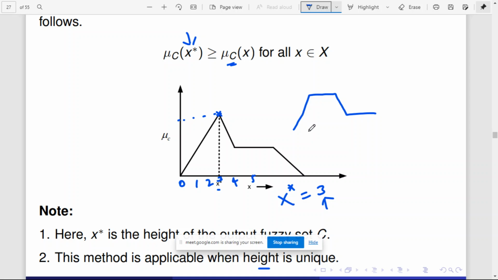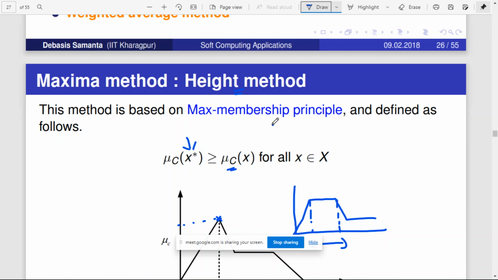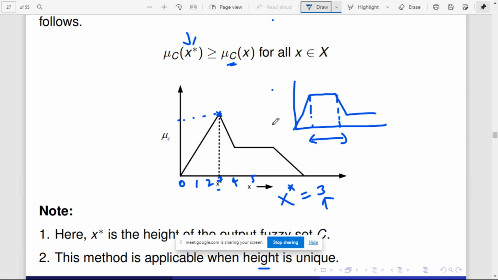All the x values between this range will get the highest value, so in that case this method cannot be applied. So the height method can be applied only if there is only one peak point.